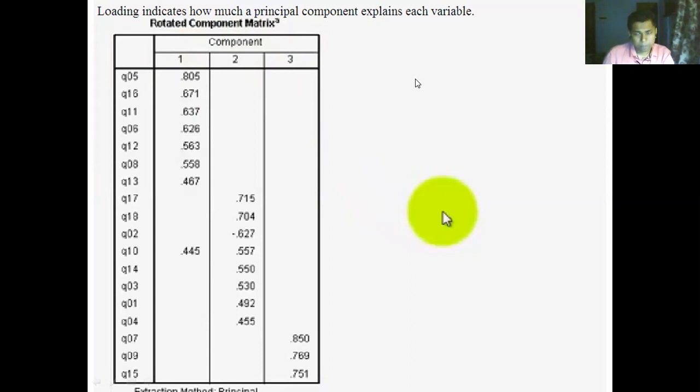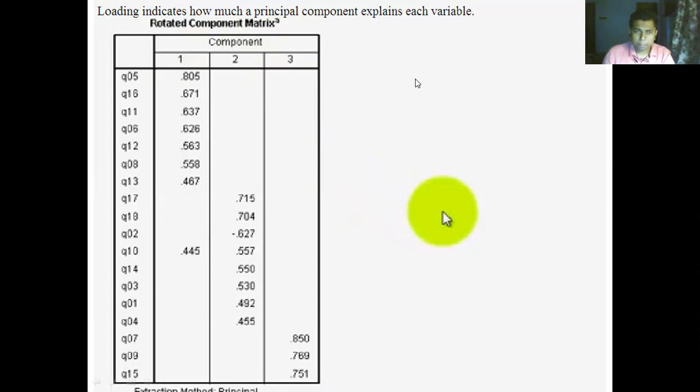So you are basically accumulating some particular variables to form a component. Now, this kind of accumulation may not be meaningful.